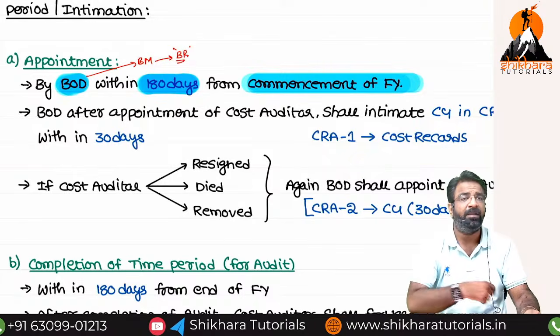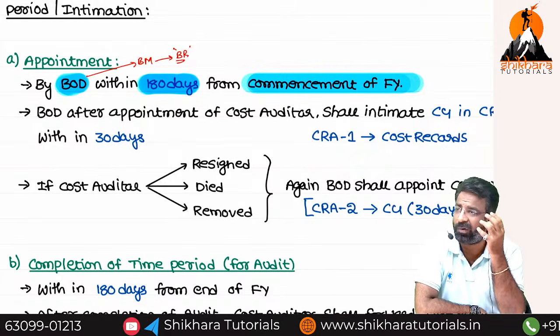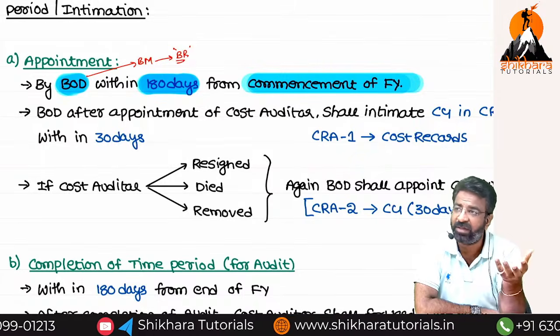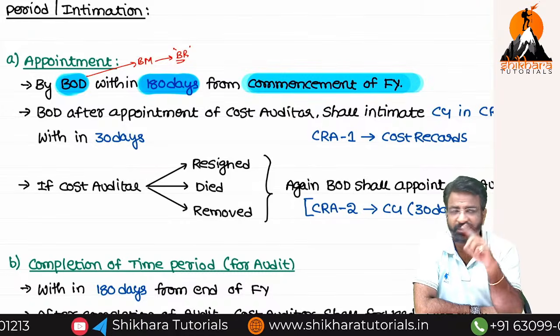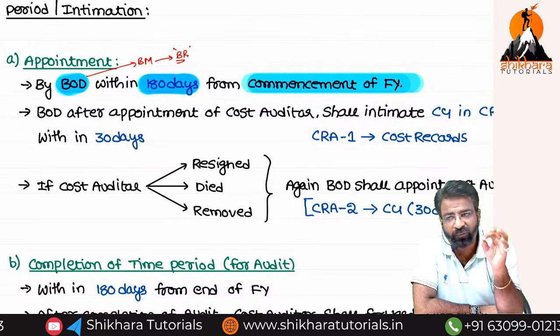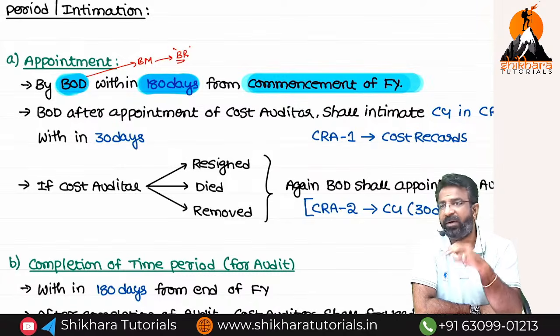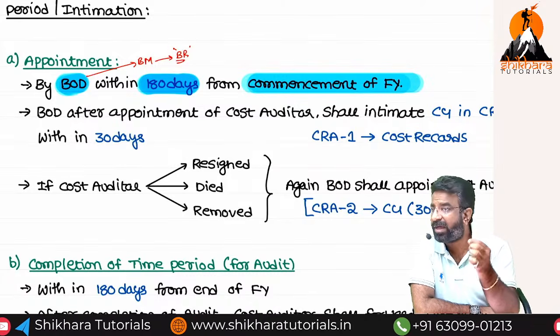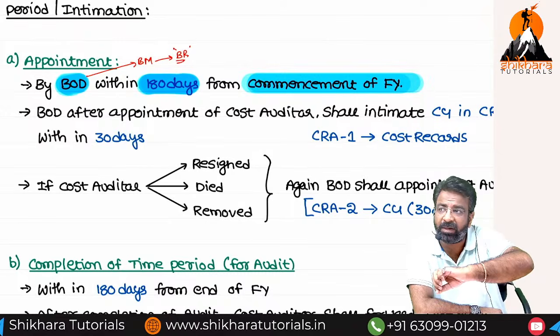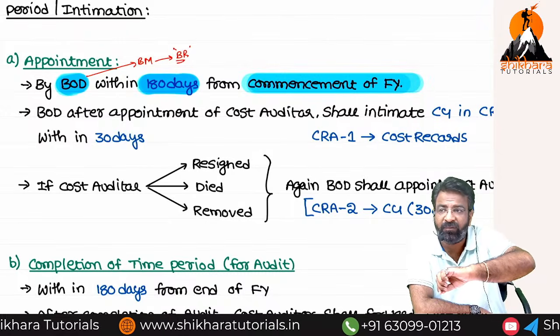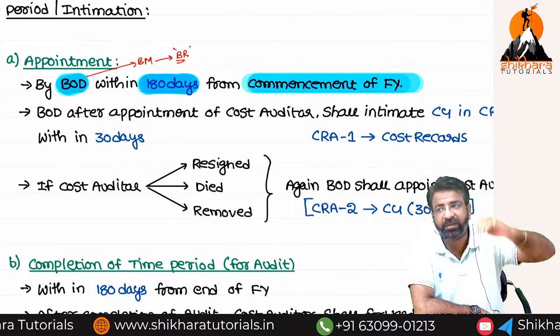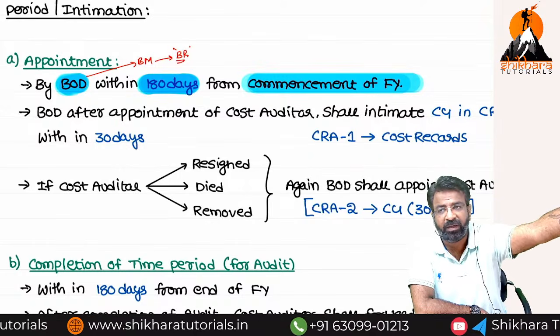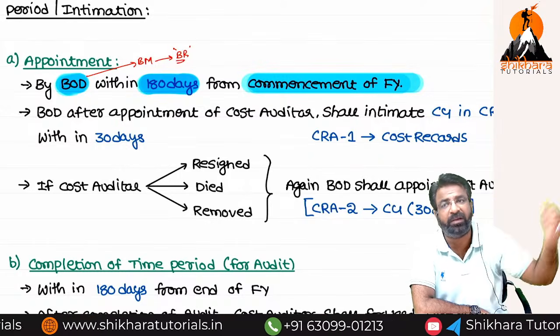But sir, we generally understand that auditing starts when what ends? Accounting ends. Auditing starts when accounting ends. We always appoint auditors in advance. I'm saying his appointment is required within 180 days from the commencement of the financial year. He will wait till the end of what? Financial year. It means he will start doing audit when?